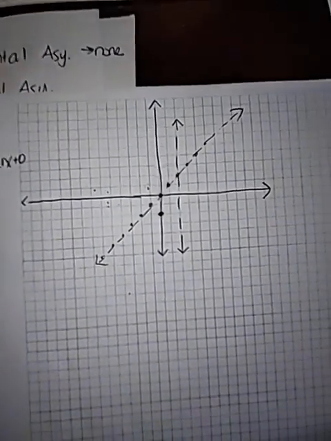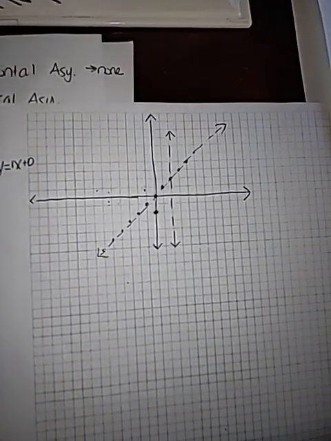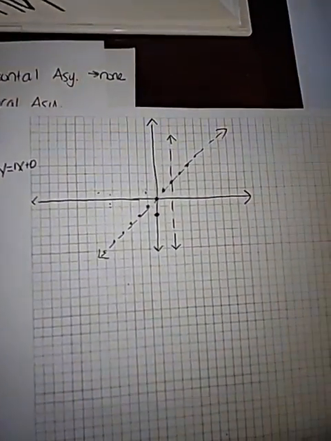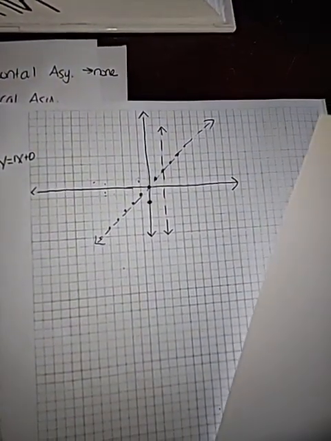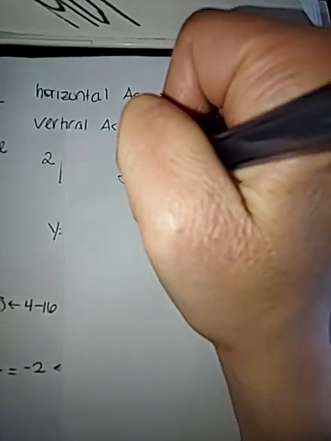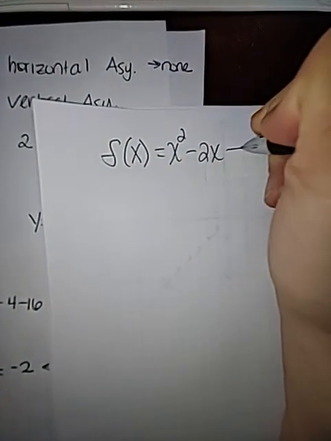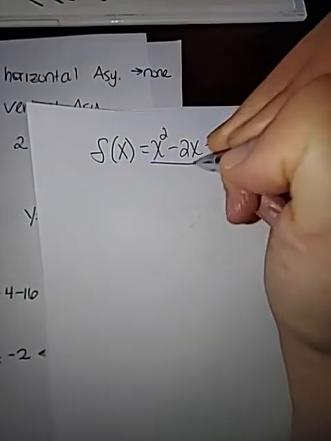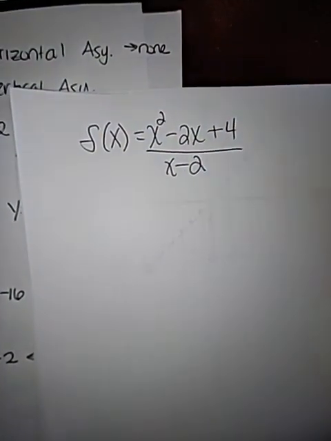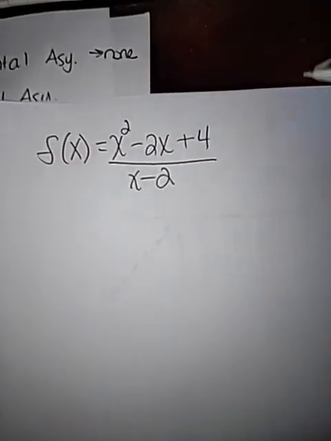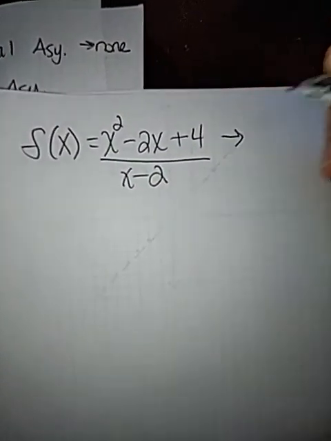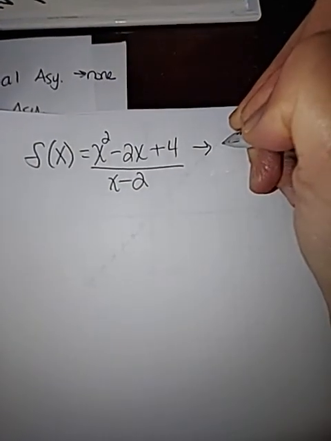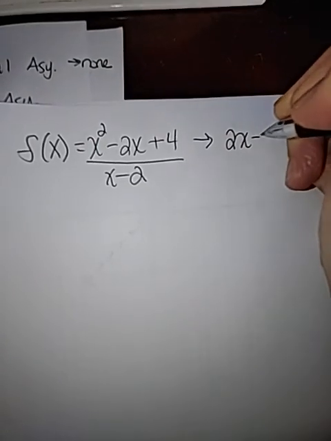Okay, so now I'm going to use my first derivative to find possible critical values. I'm going to write the function over again. The derivative of the top is 2x minus 2.